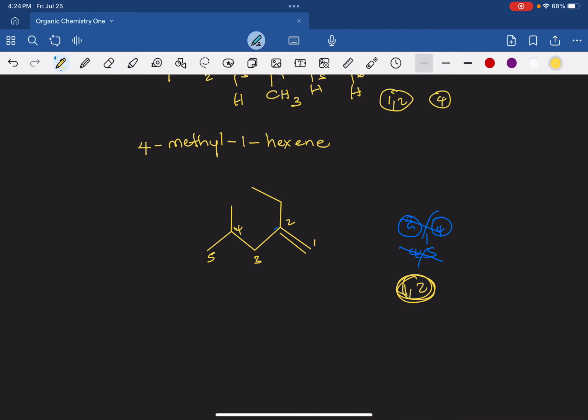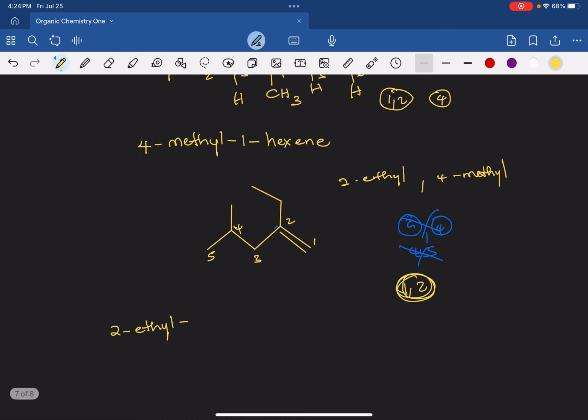On carbon number 2, I have an ethyl group, right? And on carbon 4, I have a methyl group. The same rule applies as with your alkanes: you list them in alphabetical order. So it's going to be 2-ethyl, just like you did with your alkane.